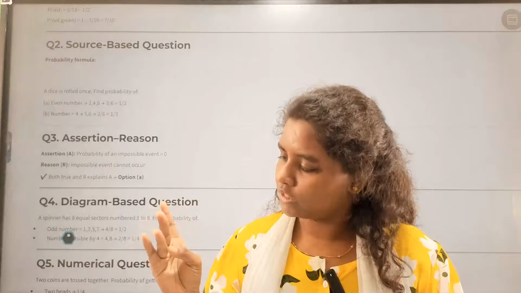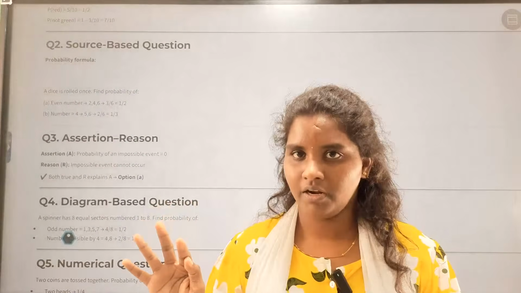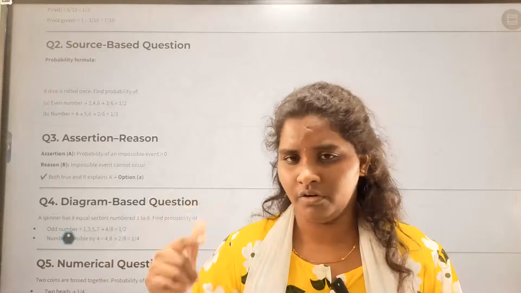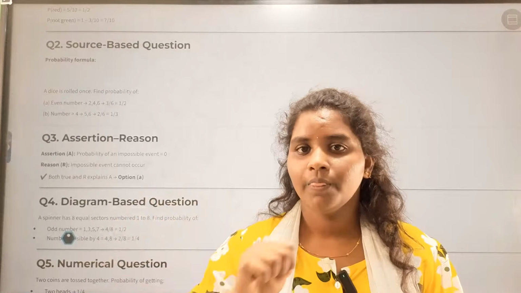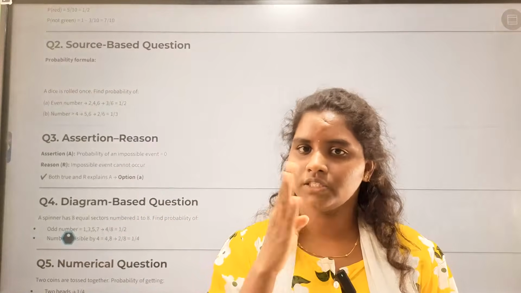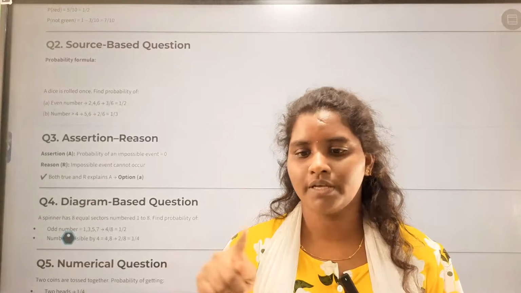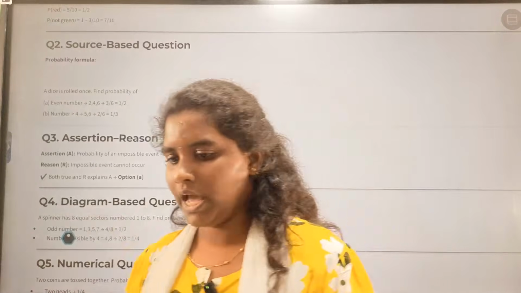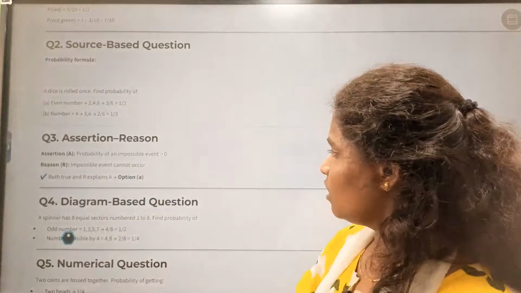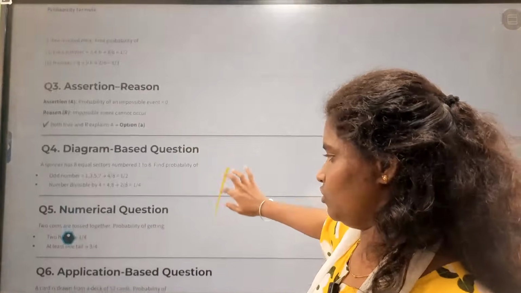It's 1, 3, 5, 7, and even it's 2, 4, 6, 8, right? So the favorable case is 4 and the total sample space is 8. So 4 by 8, which is equal to 1 by 2, is the answer. So it's under diagram based question.